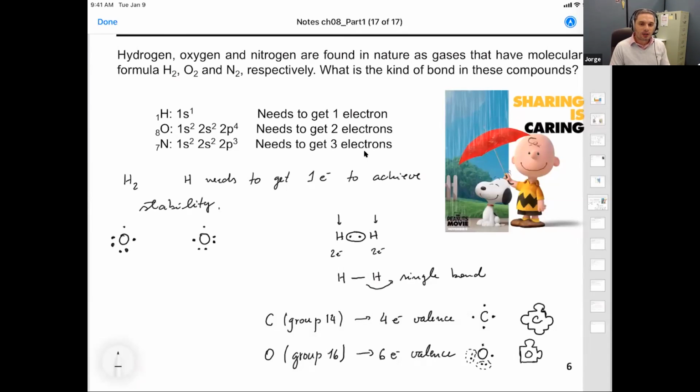Each oxygen needs to get 2 electrons to achieve 8 electrons and therefore stability. So we can do that in 2 different ways. We can bond oxygen in 2 spots here with, for example, hydrogen and achieve stability. However, how can we combine 2 atoms of oxygen in order to achieve 8 electrons for both of them?